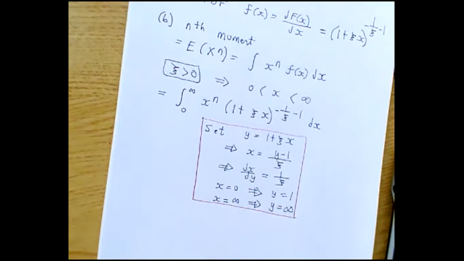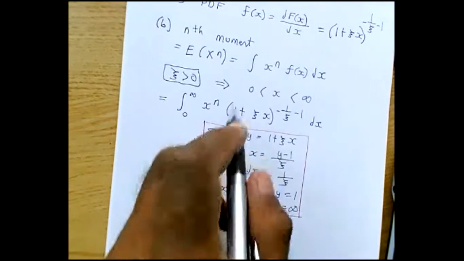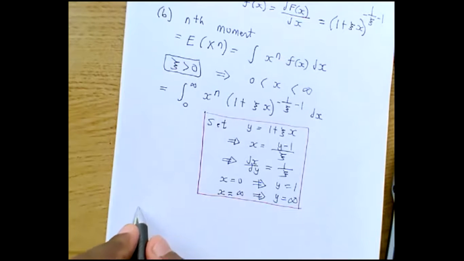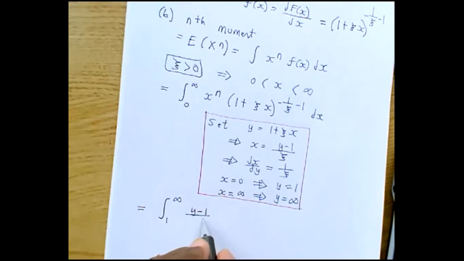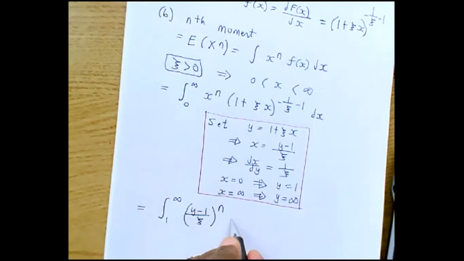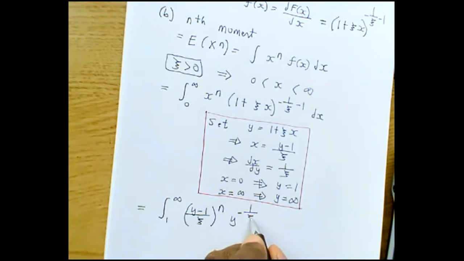Okay, now I'm going to put this here. So the limits of integration are from 1 to infinity. x is this, x to the power n, and then you have y.